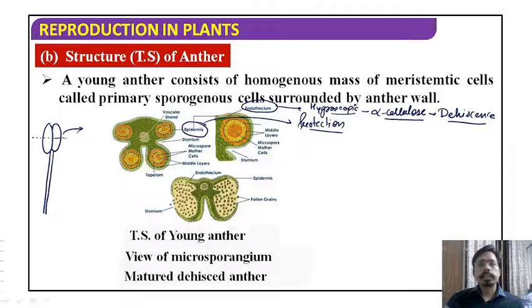Next, the endothecium is again a kind of layer. Suppose I am going to explain the entire structure of this endothecium. It has transverse bands of alpha cellulose.